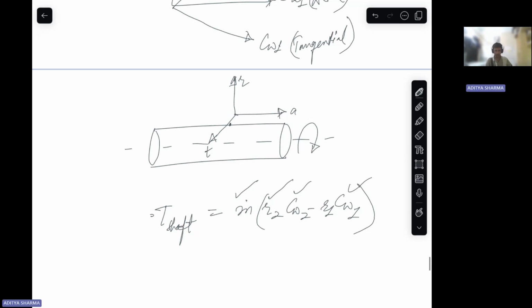That we did not discuss, because it has mostly numericals. Then second was thrust augmentation. So two ways are there in which you can augment thrust. One is by increasing mass flow, and another is by increasing the inlet temperature of your turbine.